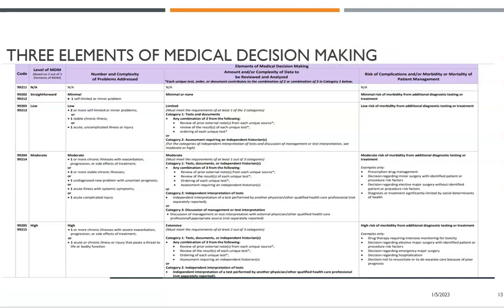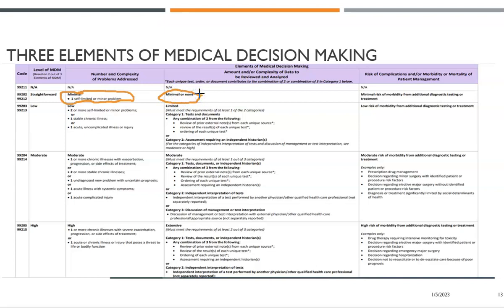Okay, so let's look at this. A diaper rash is pretty low, right? It's a pretty minor problem. So let's get out our tool. So we have a minimal or minor problem, amount of data to review. Our doctor didn't review any data, right?